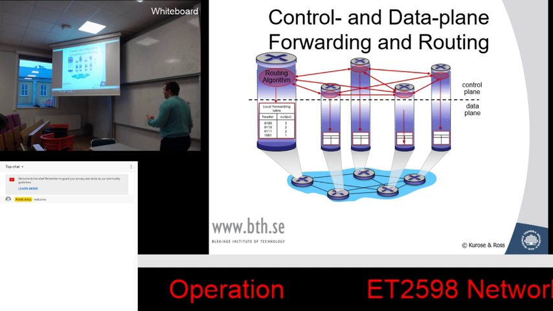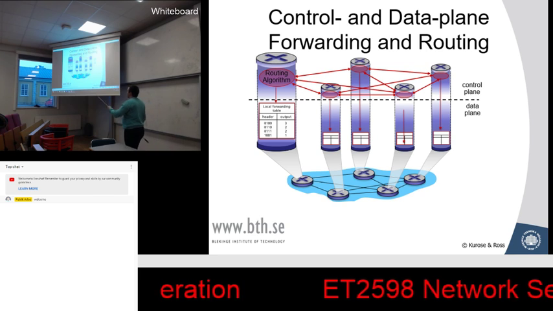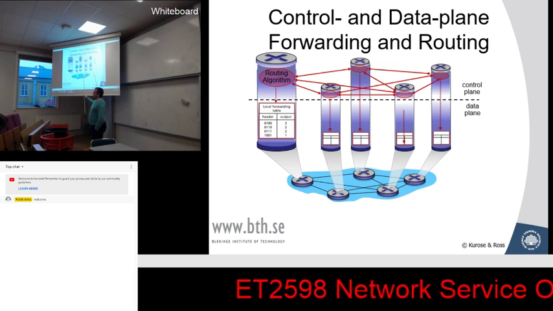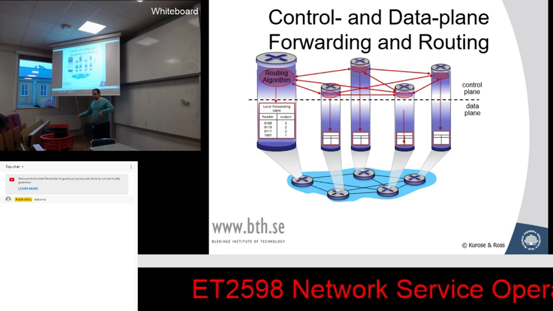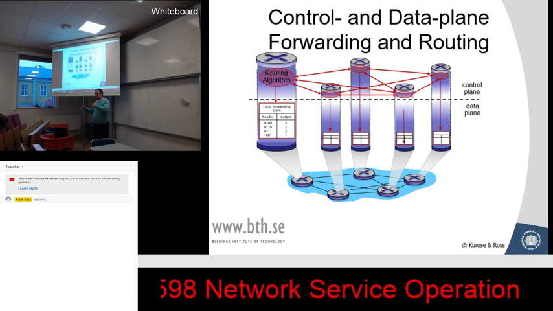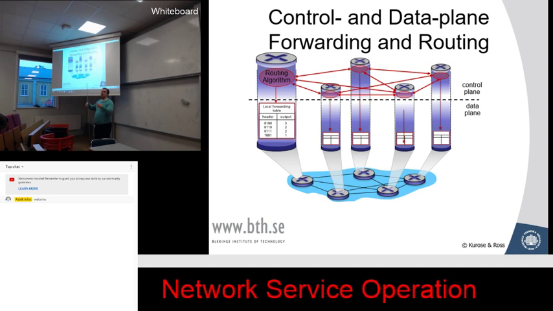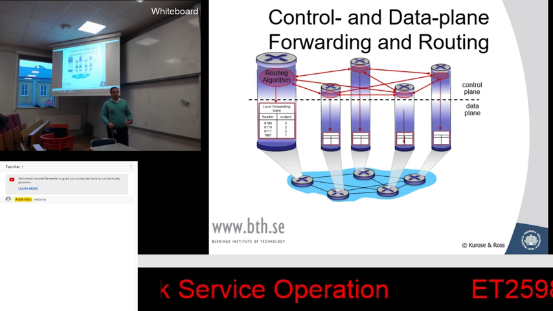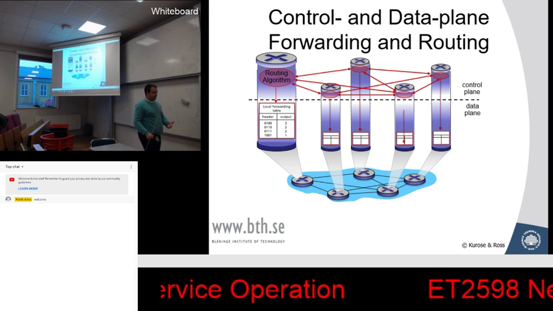The control plane is the environment or the part where we run our routing algorithms, our smart things, that do their thing and then update the forwarding table when there's something new to do or update.